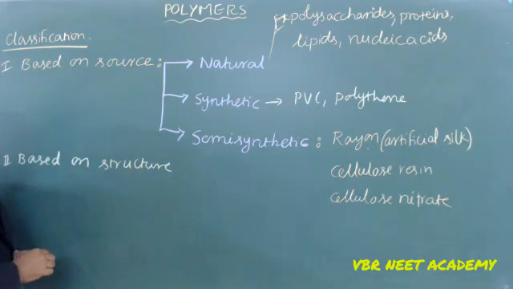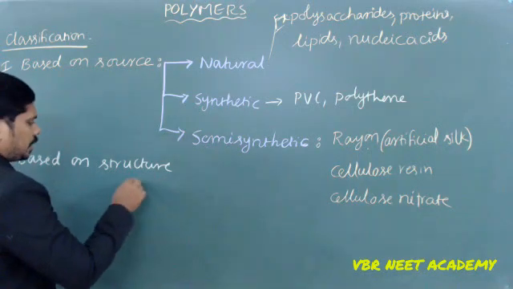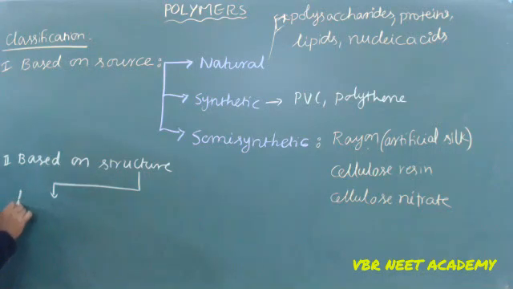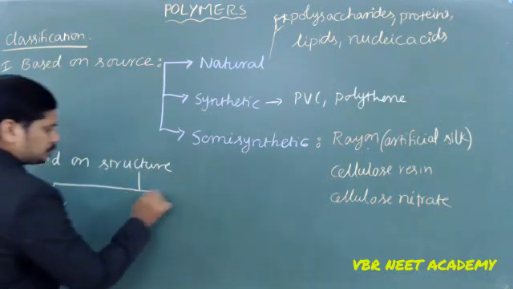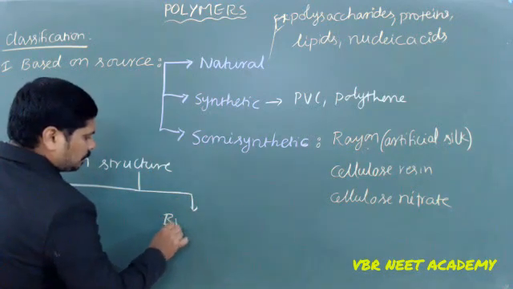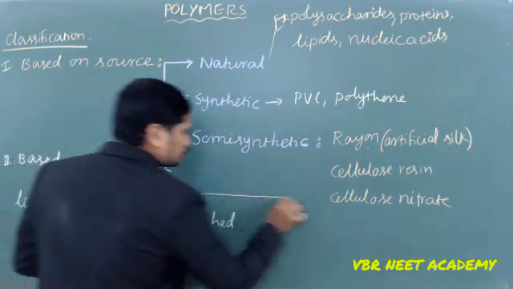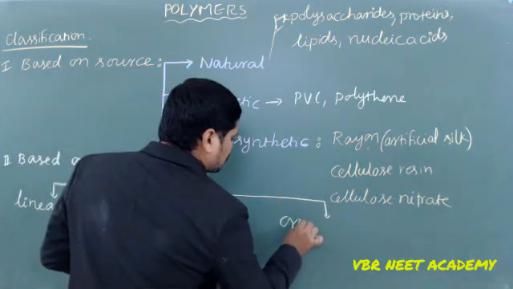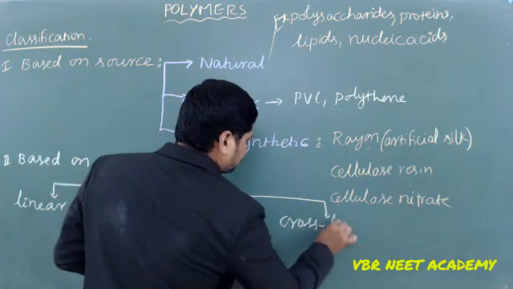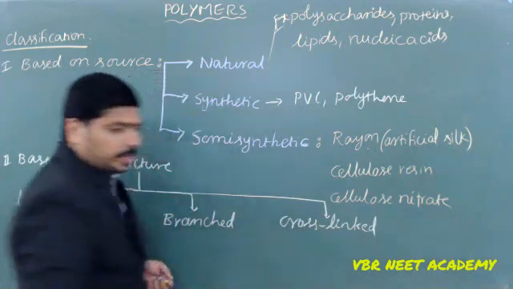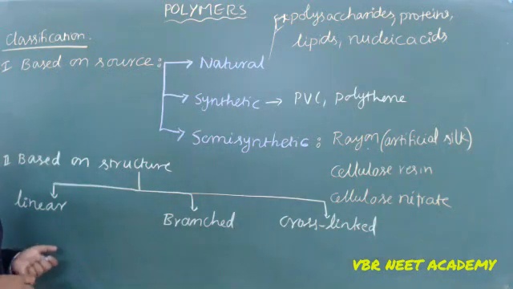Based on structure, we can have three types: linear, branched, cross-linked. We are going to have three classes based on the structure of the polymer.